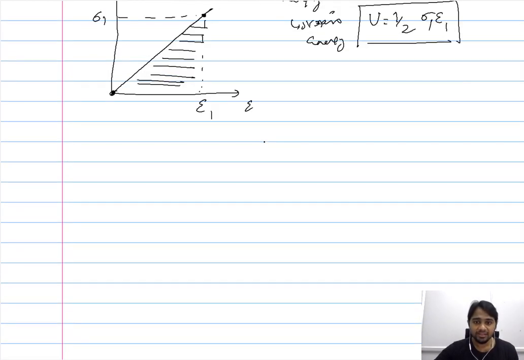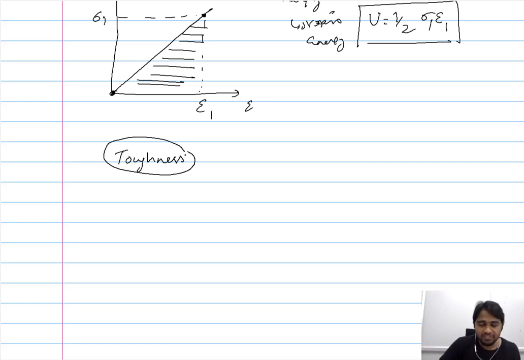Now there is another term that is used to characterize the mechanical behavior of the material from a practical standpoint, and that is toughness. Toughness is also the amount of energy that is absorbed by the system. However, in the case of toughness, it is the amount of energy that is absorbed before the material fails.